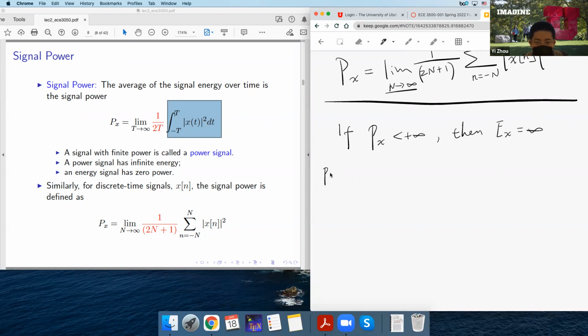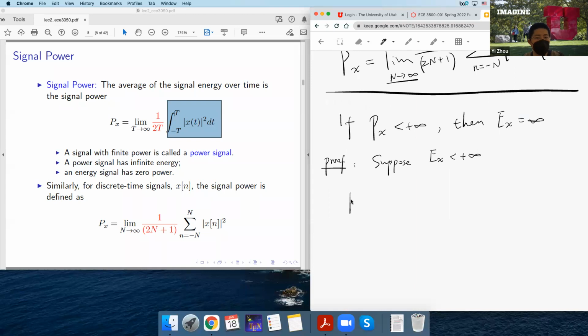Why is that? Proof: suppose Ex is finite. And let's prove by contradiction.